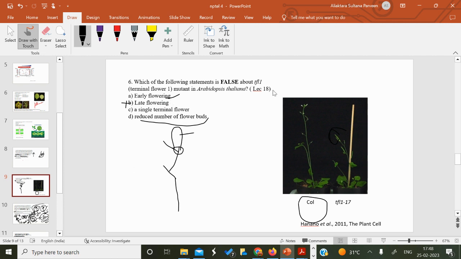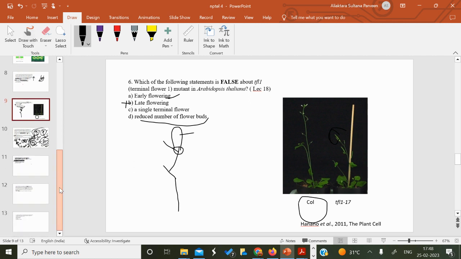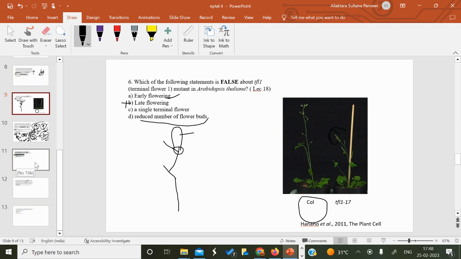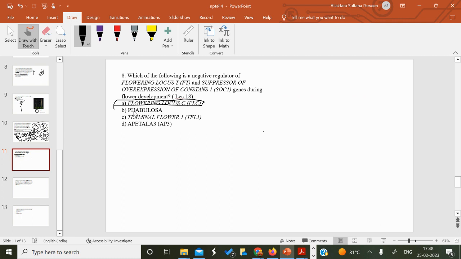That means the TFL1 gene as a mutant is showing early flowering, so the gene will have the opposite phenotype. So TFL1 is actually a repressor of flowering. FT is another gene which promotes flowering, and FLC is something which negatively regulates FT. Okay, so it's a bit complex.